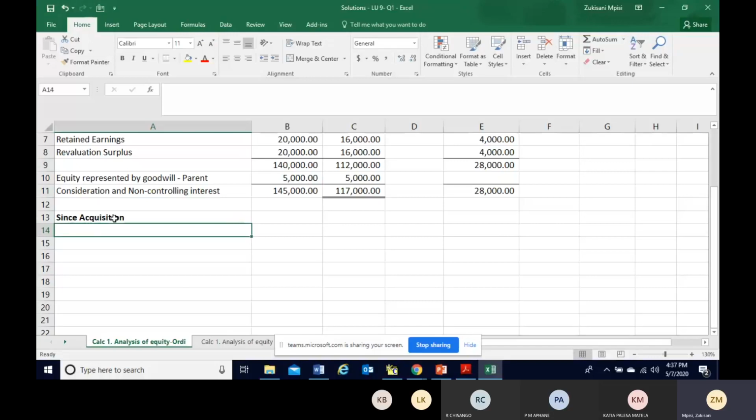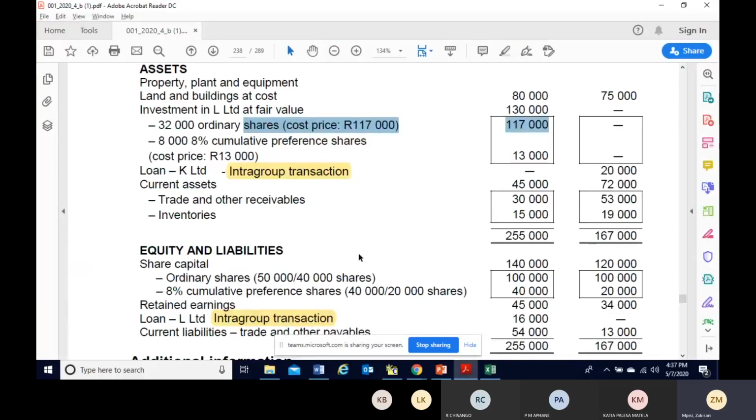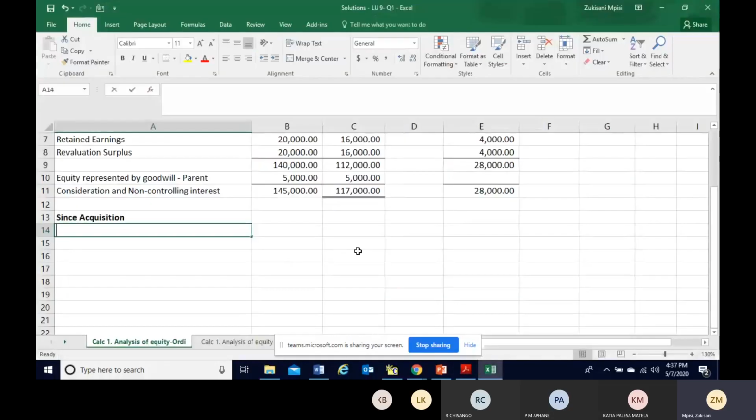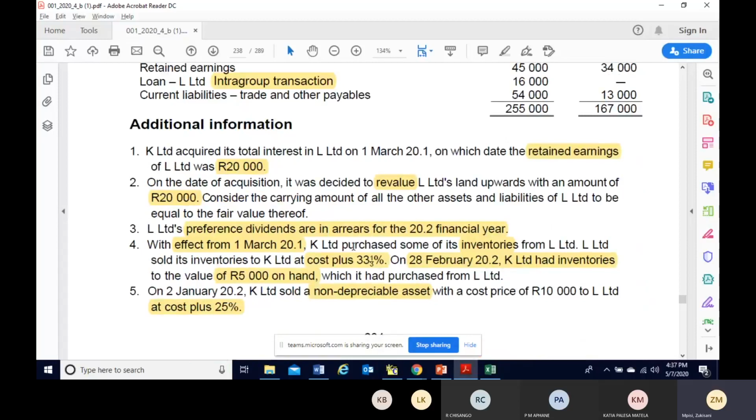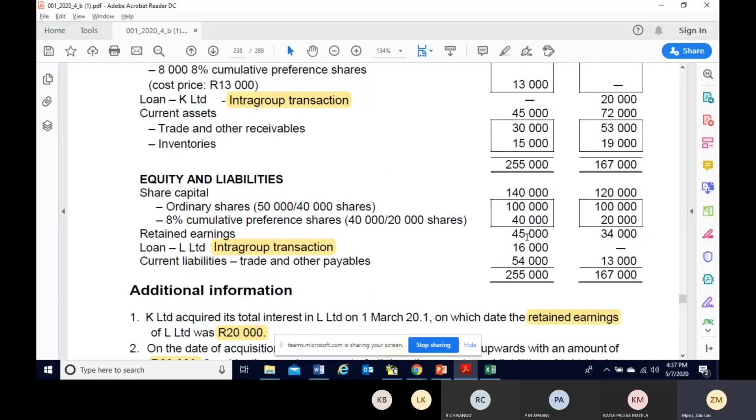So since acquisition, so we're speaking about the current year, which means that to end of current year, let me see if we've got any profit given. We're not given profit, so we're given retained earnings.